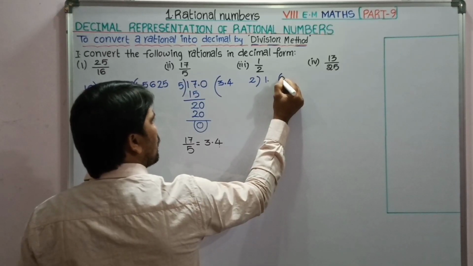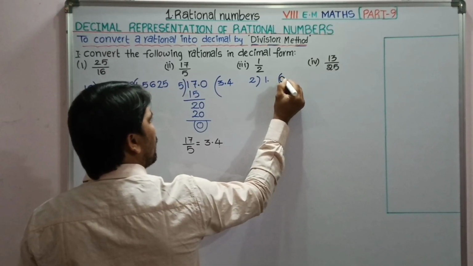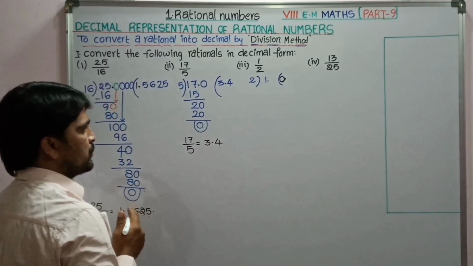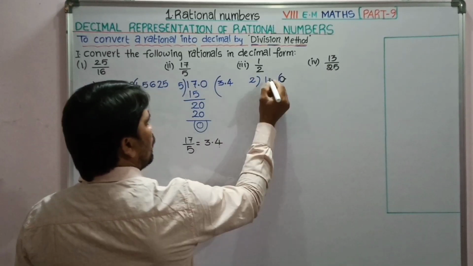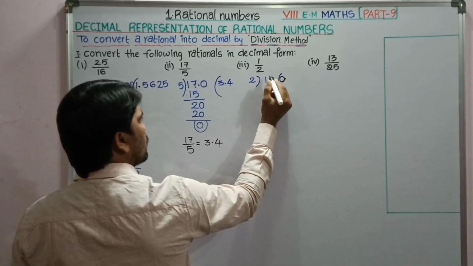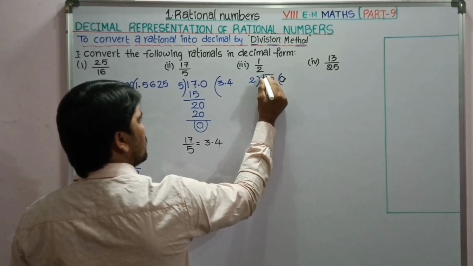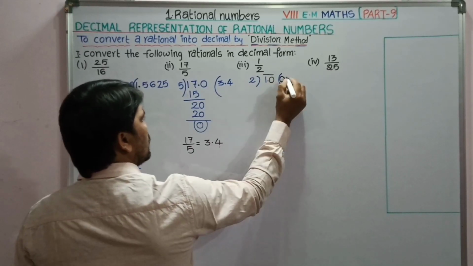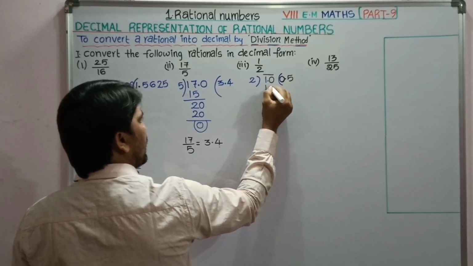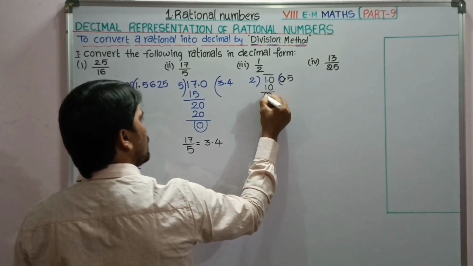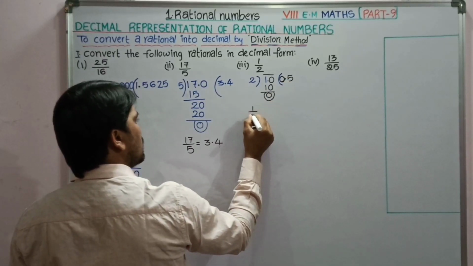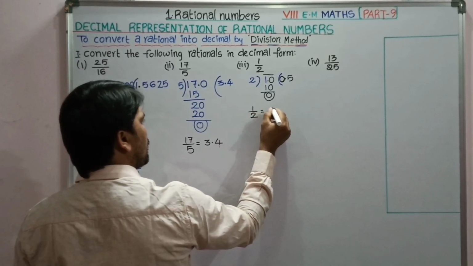There is no whole part, so the whole part is filled with zero. Now we take 0 here also, so consider this as 10. Now 2 5s are 10. The remainder is 0.